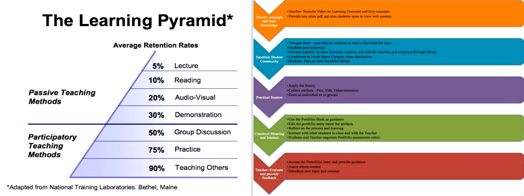So this is taking all the sessions they have done and putting it together in a portfolio. So this is pretty much taking reading, audio visual, demonstration, group practice, group discussion, practice, as well as possibly teaching others, and putting this in as understanding within their portfolio.